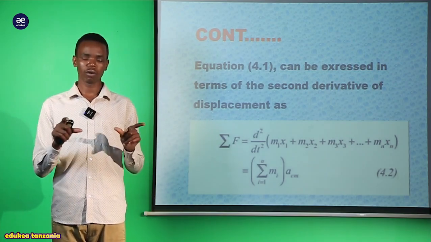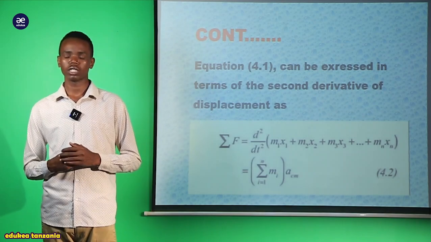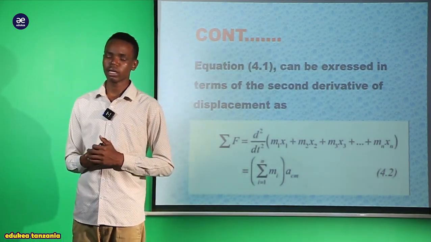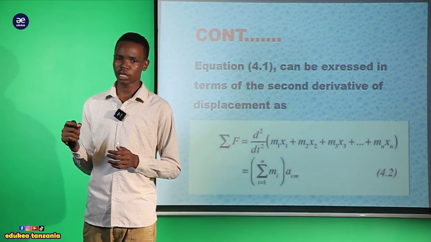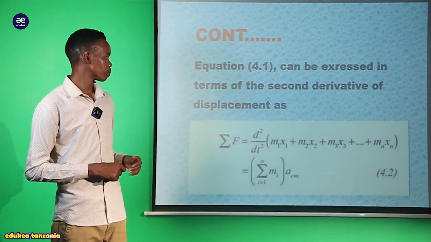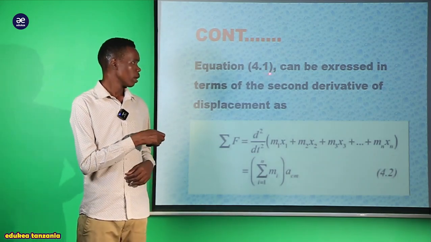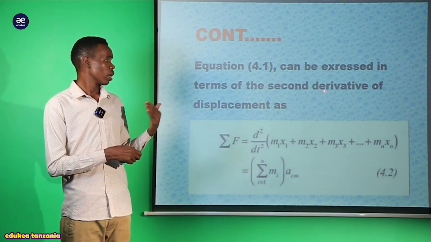Overall, the force equals mass 1 times the acceleration, then we add mass 2 times the acceleration, mass 3 times the acceleration, and so on up to mass n times the acceleration. So that is equation number 4.1, to repeat again.